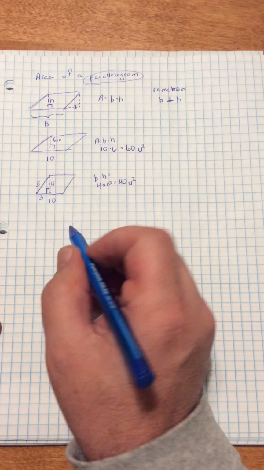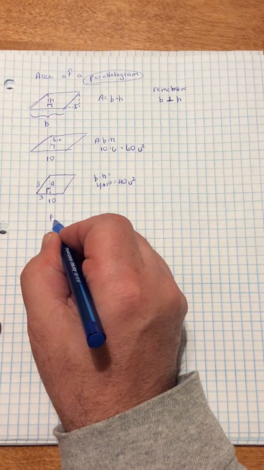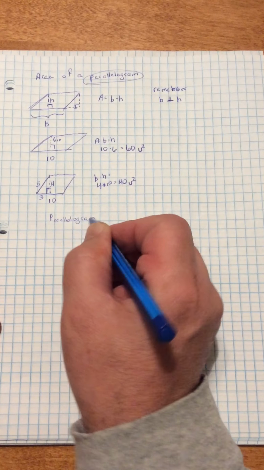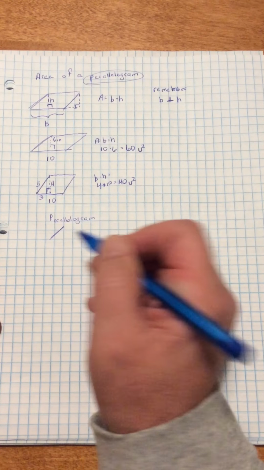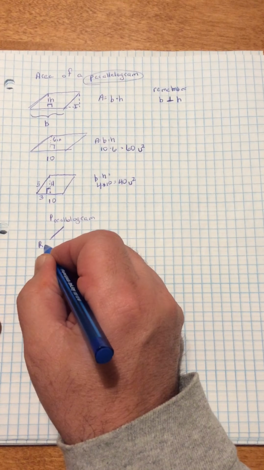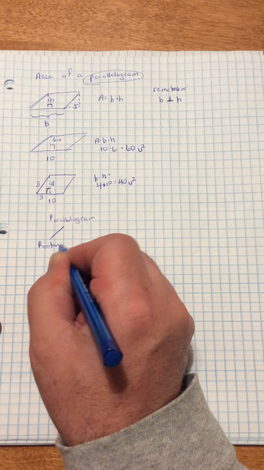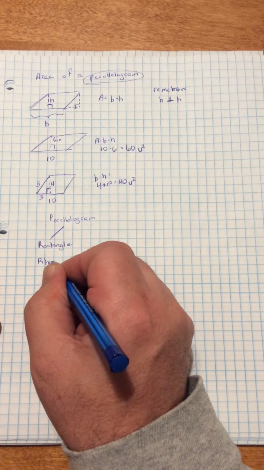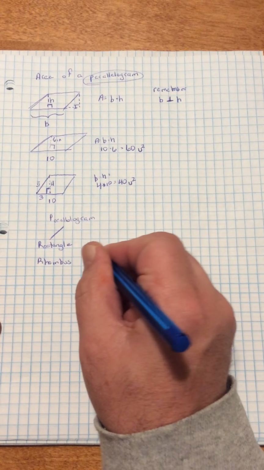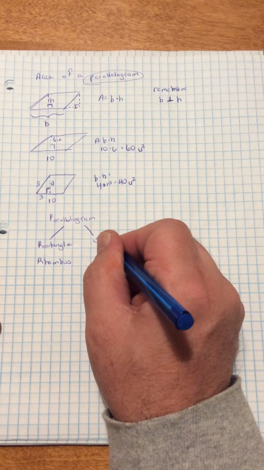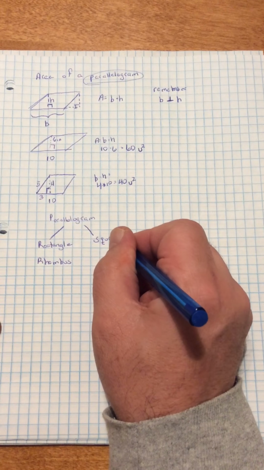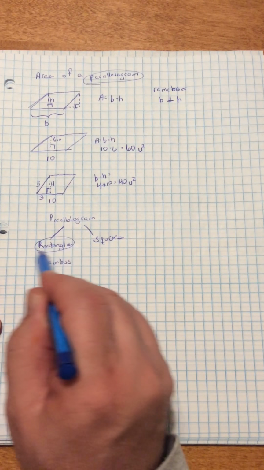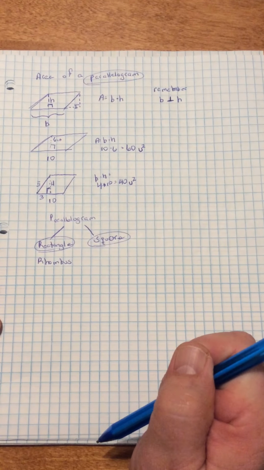Remember from previous units, in my parallelogram category, I also have a rectangle, a rhombus, or a square. We would use the same formula for the rectangle and the square.